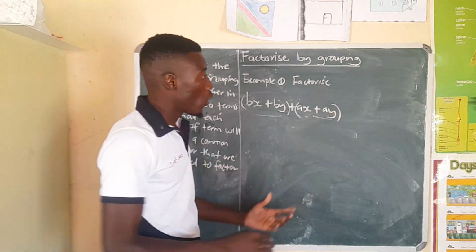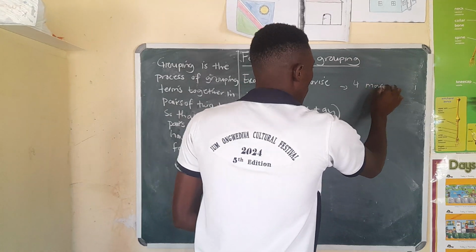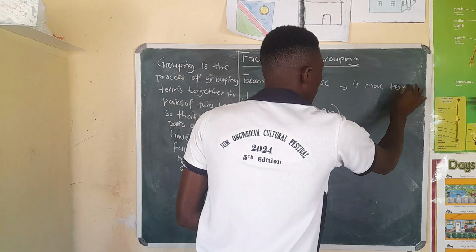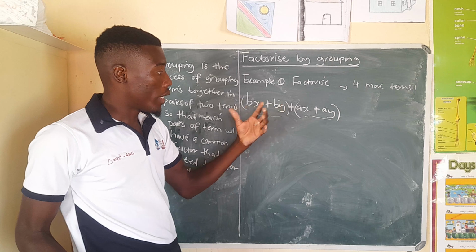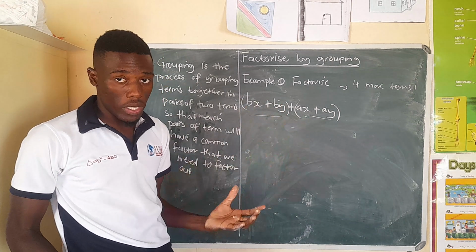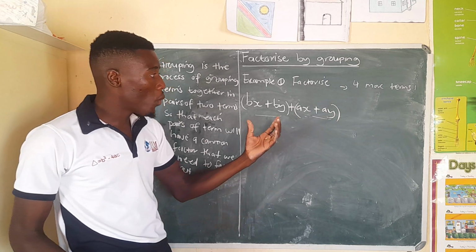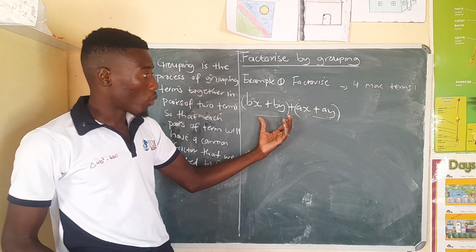Are we okay? Okay, now you can be given 4 or more terms. You can be given an expression with 4 terms or more than 4 terms. Are we okay?